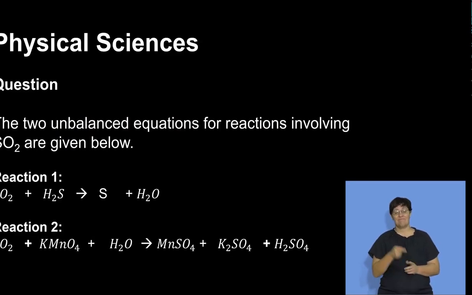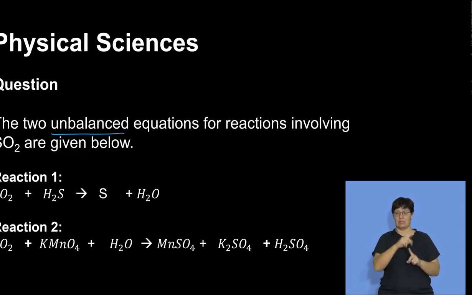In this question, it says the two unbalanced equations, and I'm going to underline that because that's very important, for reactions involving sulfur dioxide are given. So there are two reactions here. In reaction one, sulfur dioxide reacts with hydrogen sulfide, and in the second, sulfur dioxide reacts with potassium permanganate.